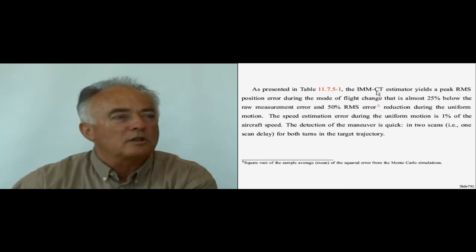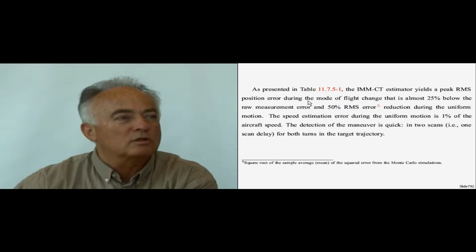We'll see that the IMM-CT coordinated turn configuration of the IMM has a peak RMS position error during the mode of flight change that is almost 20%, 25% below the raw measurement error, and 50% RMS error reduction during the uniform motion.